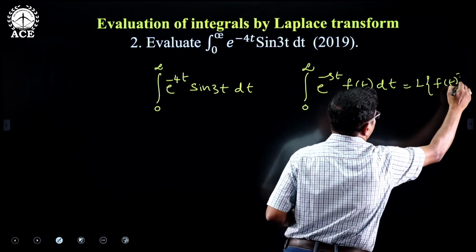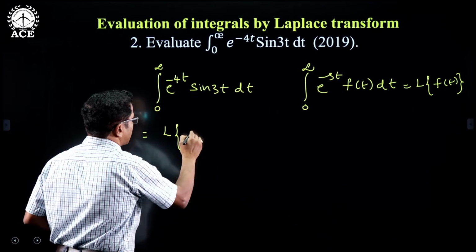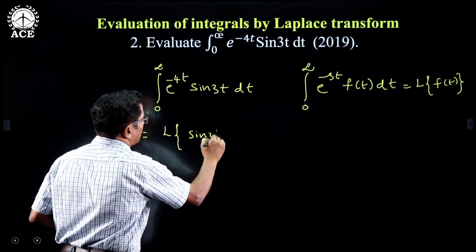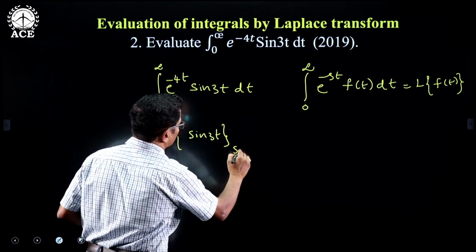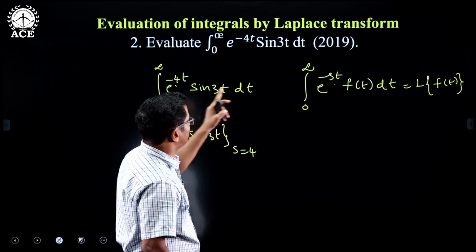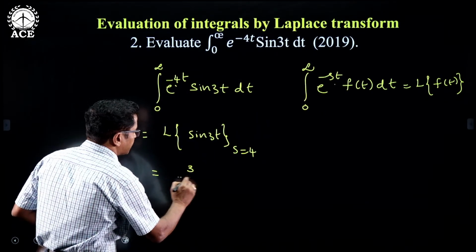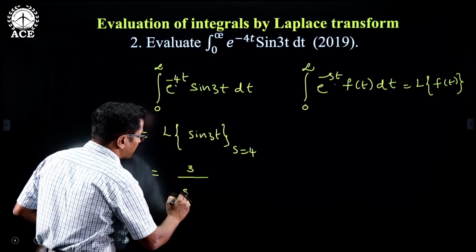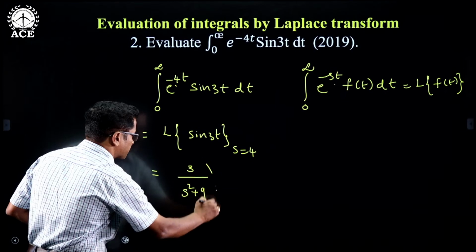So similarly, we represent this as L of sin 3t, where s is 4. In the place of s we have 4, in the place of f of t we have sin 3t. L of sin 3t means a by s square plus a square, that is 3 by s square plus 3 square, 9. So put s as 4.